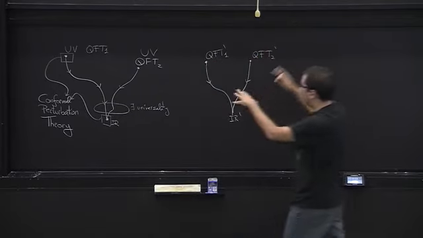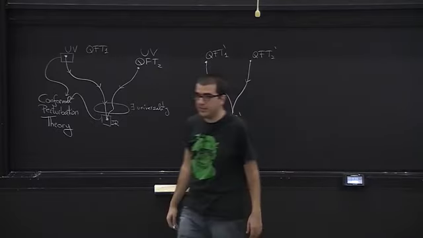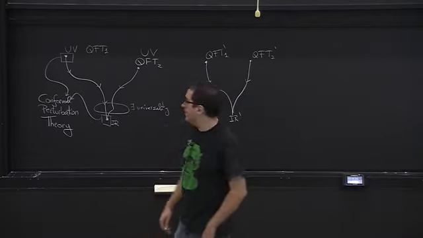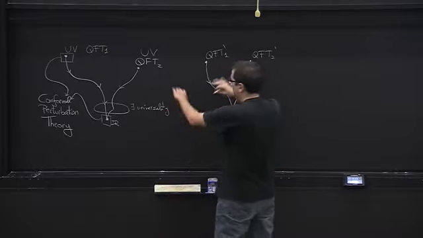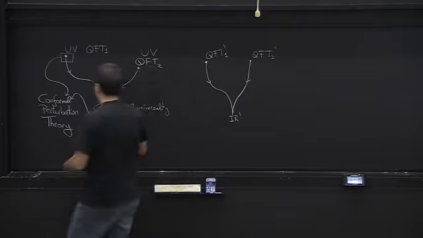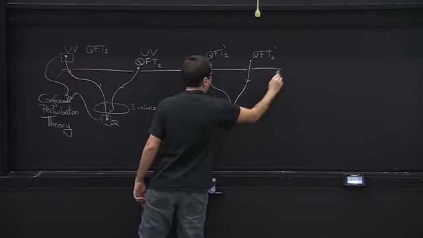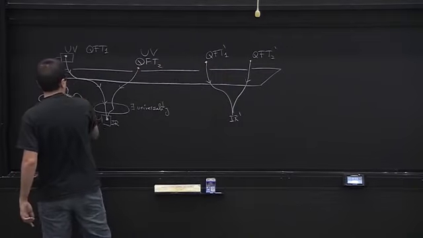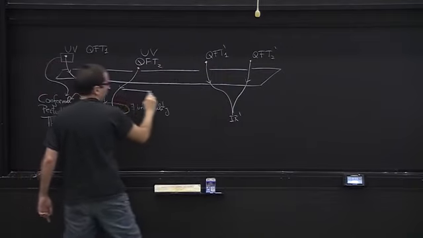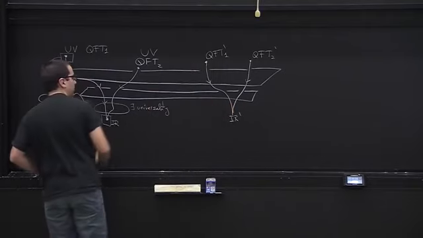What exactly do we know about the spaces of quantum field theories and their infrared and UV fixed points? Is there some kind of foliation? Is it possible to draw some kind of picture like you have a plane, and then you have another plane here? Is there some kind of foliation of quantum field theories?